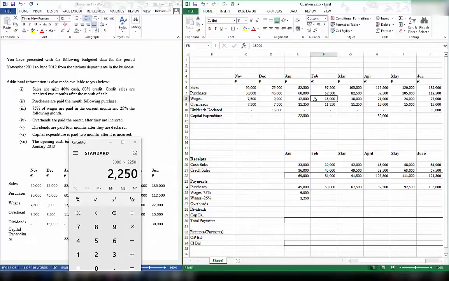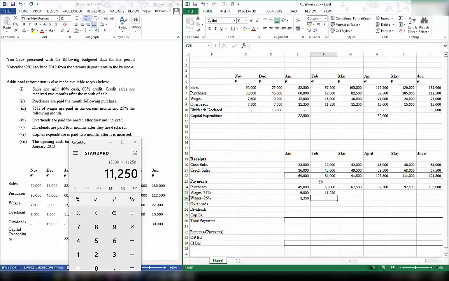Do the very same for February. So in February, our wage cost was 15,000. 75% of that is going to be paid this month, so 11,250 is going to be paid this month.